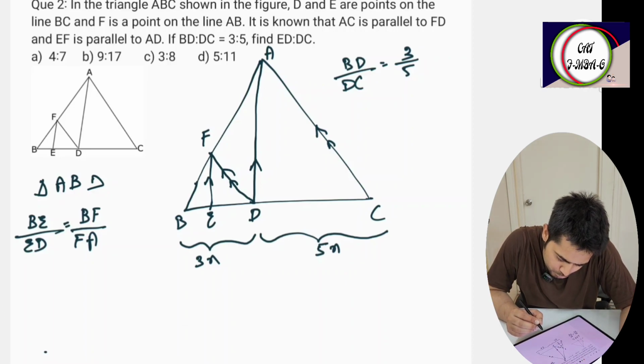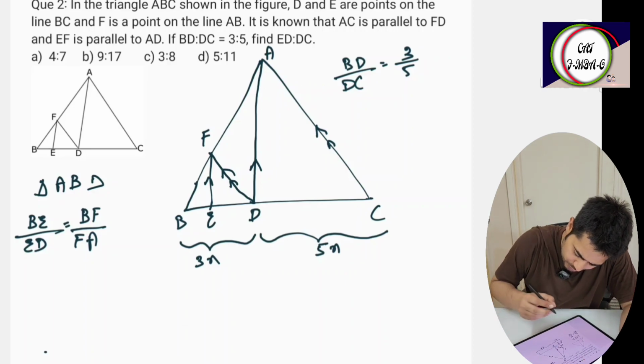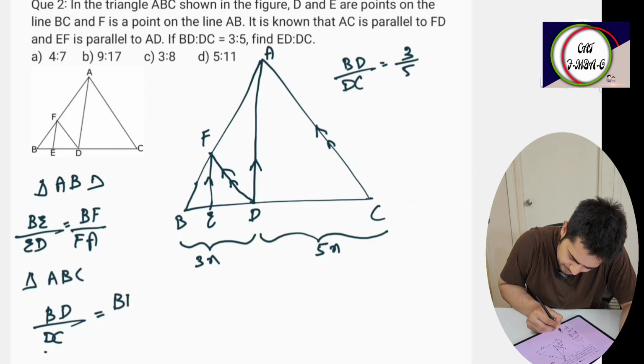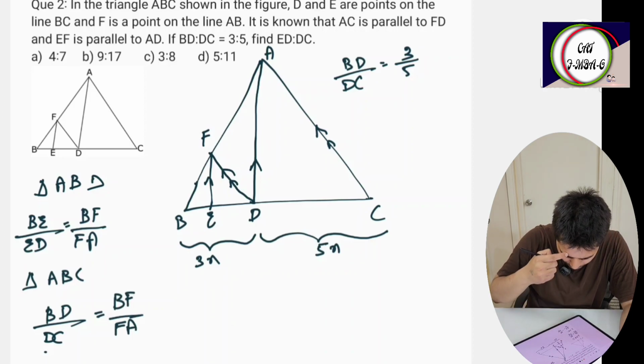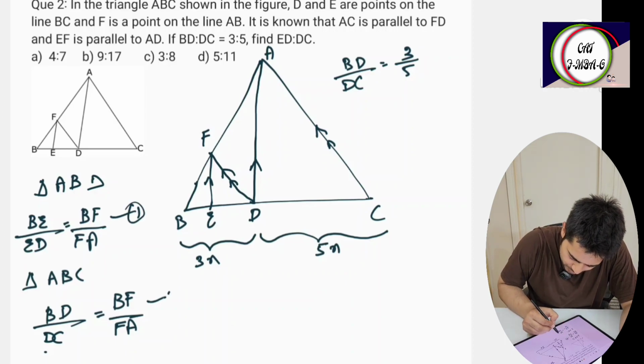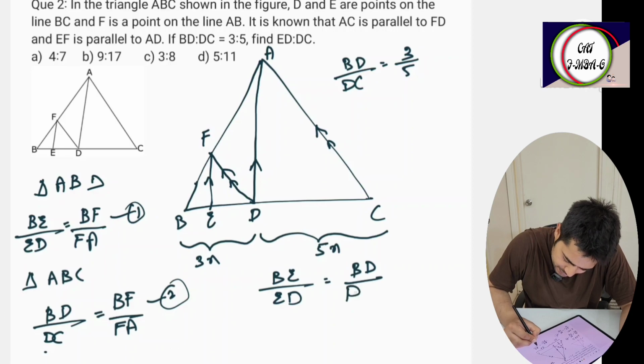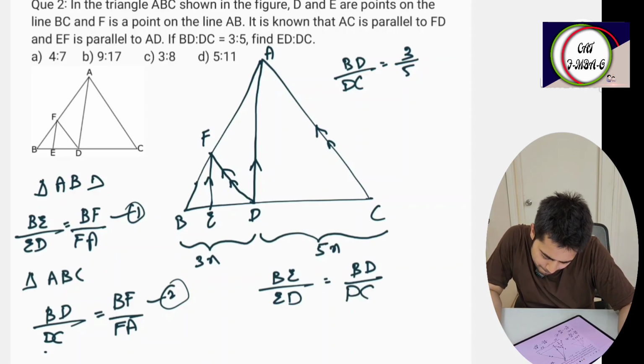And also, if we see triangle ABC, then BD by DC is equal to BF by FA. So from equation 1 and equation 2, we can write BE by ED is equal to BD by DC. So let's see what is given.